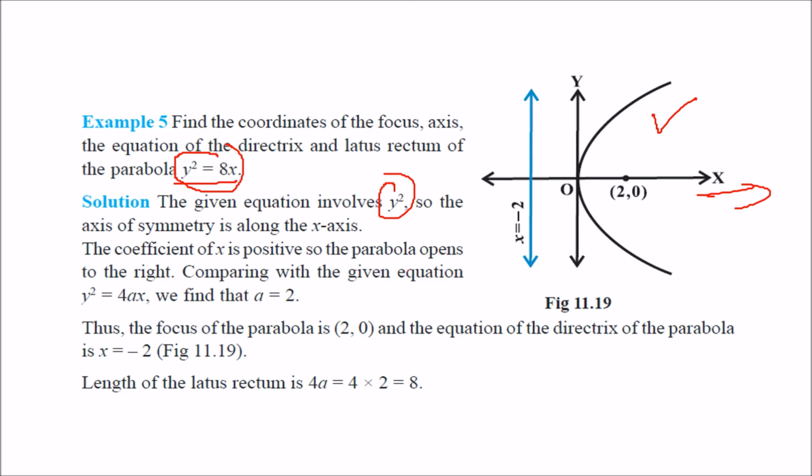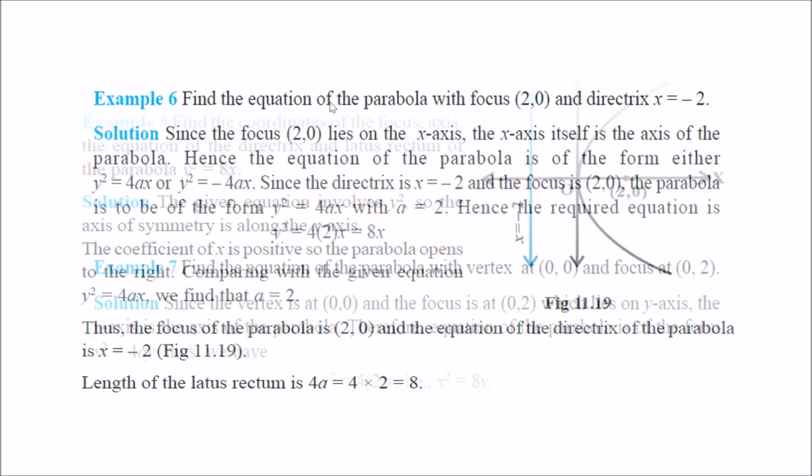Now comparing with the given equation, 4a is 8, so a is 2. The focus is (a, 0), so the focus will be (2, 0). The directrix will be on the opposite side, x equal to -2. And the latus rectum will be 4 into a, that is 8.